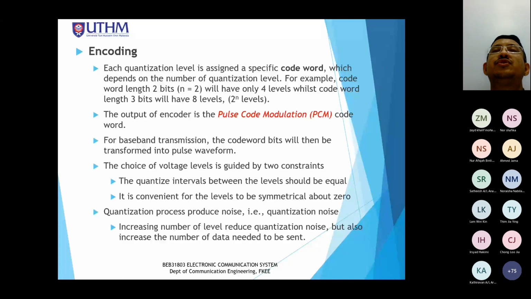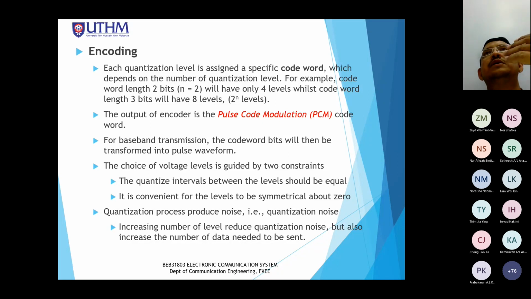After quantization, we produce a quantized signal, which is based on the sample signal that has been rounded up to the nearest quantized level. So during the quantization process, we have rounded up the sample value to the nearest quantized level. The quantized level is calculated based on the number of bits used in the system.